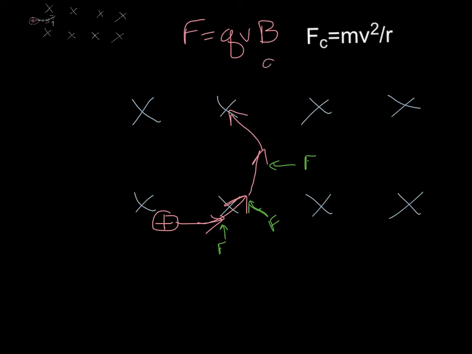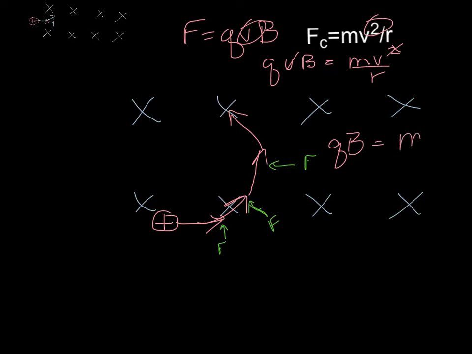The QVB is going to be equal to mv squared over r. And these v's are the same velocity, so one of these is going to cancel out, and you end up with QB equals mv over r. So you do need to know the mass of your particle and its charge.